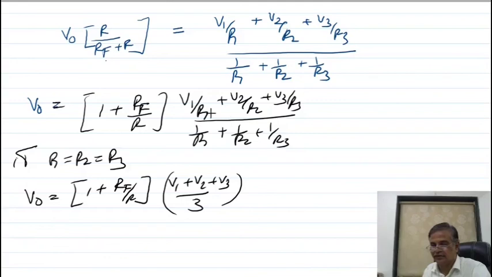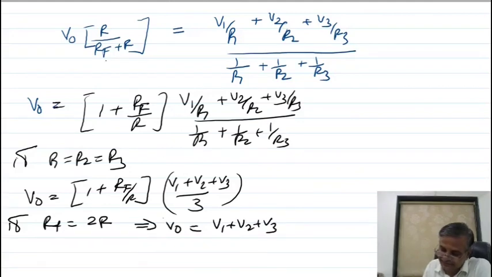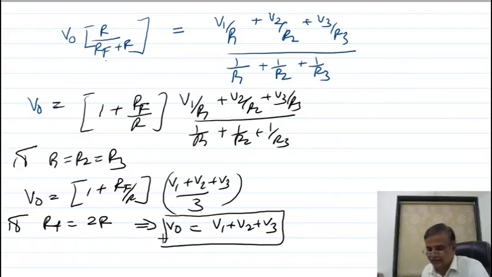If RF is equal to 2R, then I can write VO is equal to V1 plus V2 plus V3. So in this non-inverting summing amplifier, the output is the sum of the input signals.